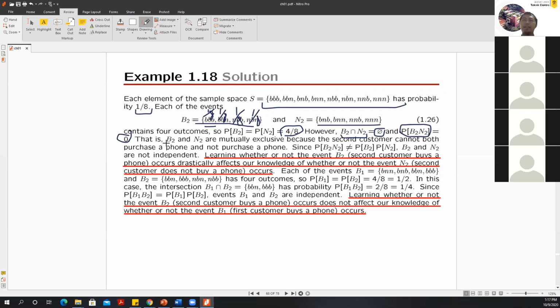Because of this fact, we can state that B2 and N2 are mutually exclusive. Logically, if the second customer buys, we can never say that the second customer does not buy. So that is mutually exclusive: no correlation, no intersections.